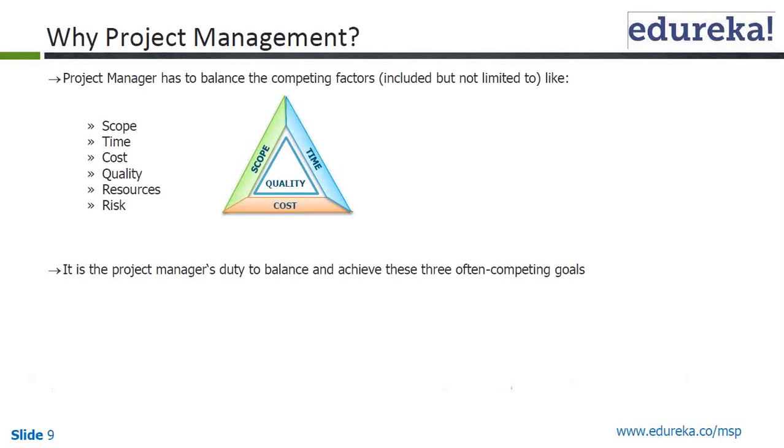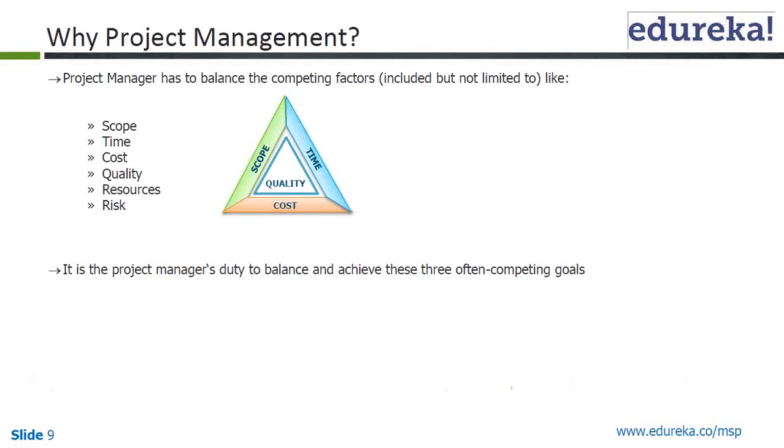Likewise, you have scope, time, quality and cost. They affect each other every now and then. So for example, take resource. Let's say you lose a resource. What is happening? You will have to get a new resource.